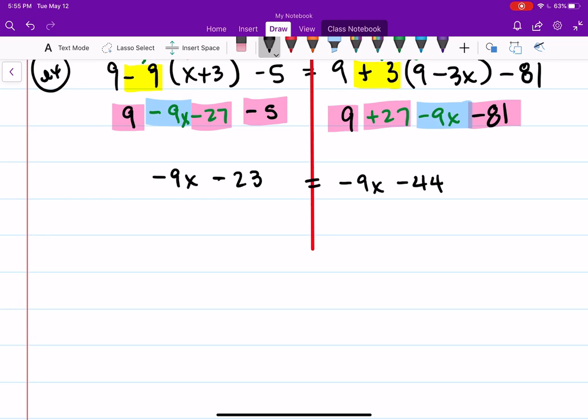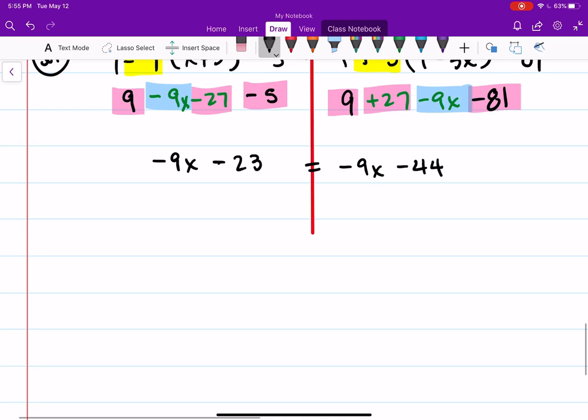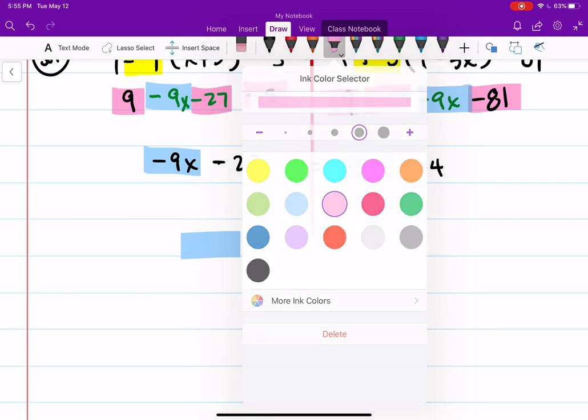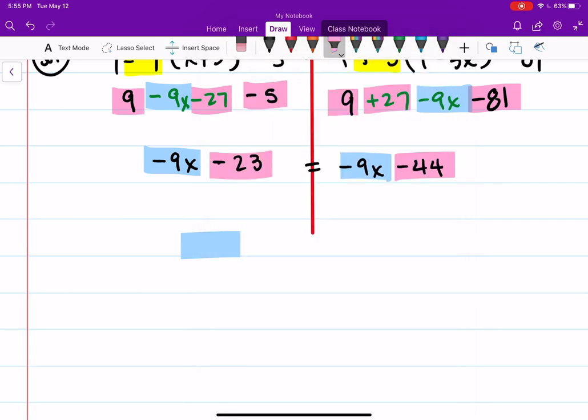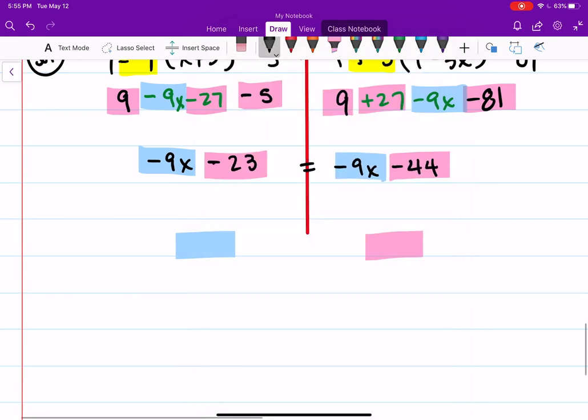Okay, so again, I want all the x's on one side and all the numbers on the other. So I have to add the 9x so that this would be 0.